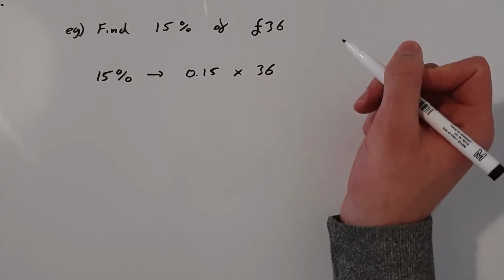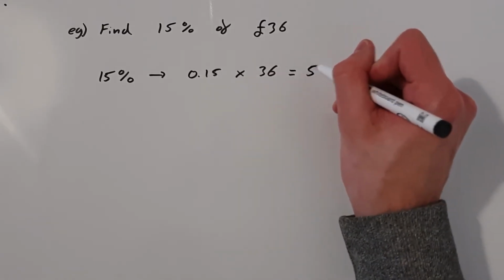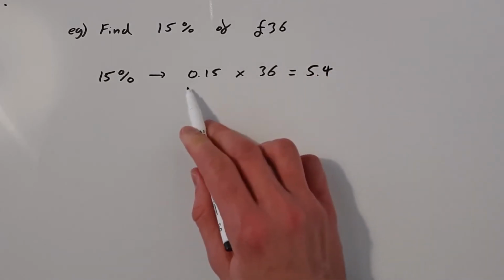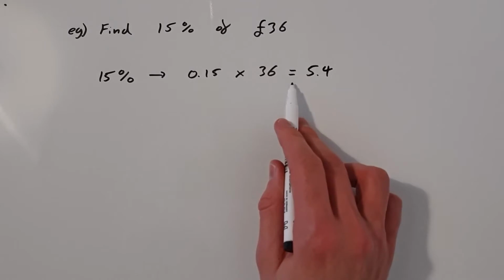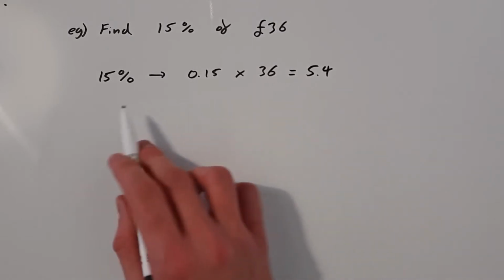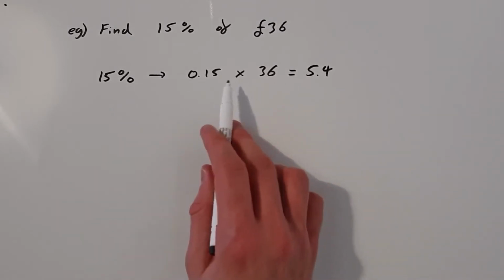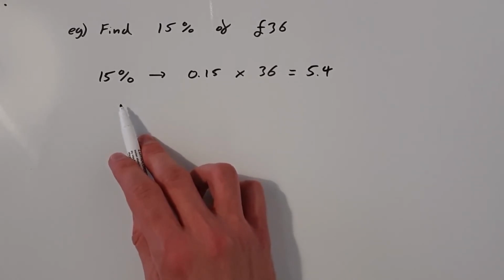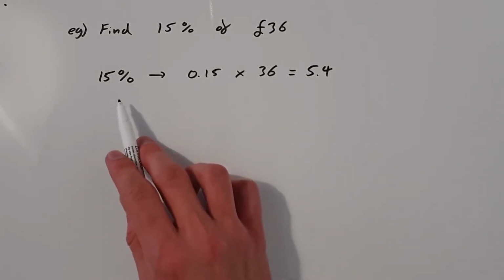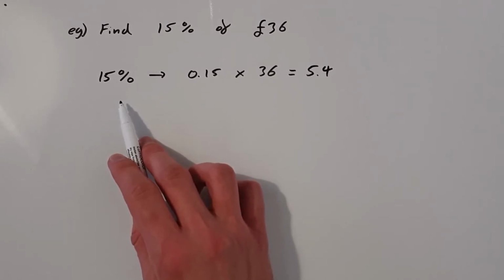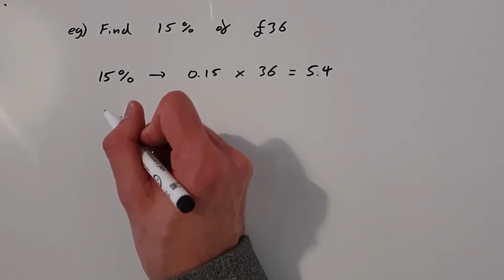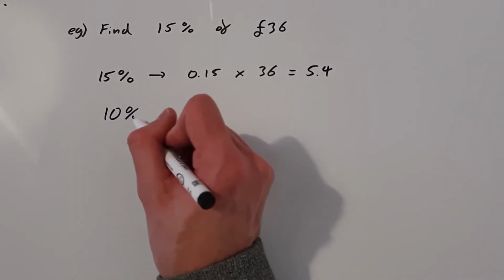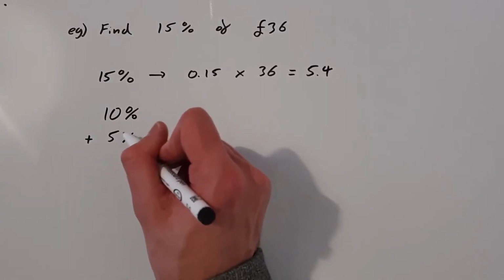If you do that, then you get the answer 5.4. So this should be something you can do on your calculator. Or if you don't have a calculator, you can think about it a different way. We want to find 15% of 36. If you can't straight away think of what 15% of 36 is, you can break the 15% down into smaller chunks that are easy to work out. Two parts that make up 15% could be 10% plus 5%.